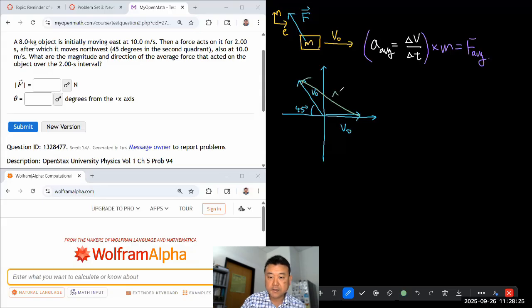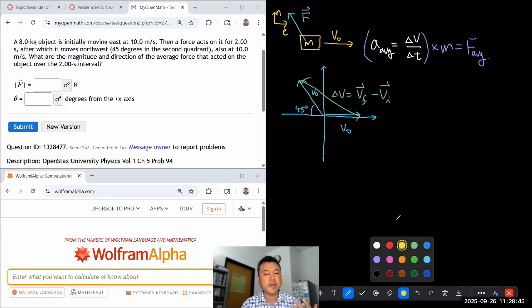This is my delta V, and I can get that from V final as a vector minus V initial as a vector. Since this looks like a vector question more than anything, let me do this formally using the notation involving unit vectors.